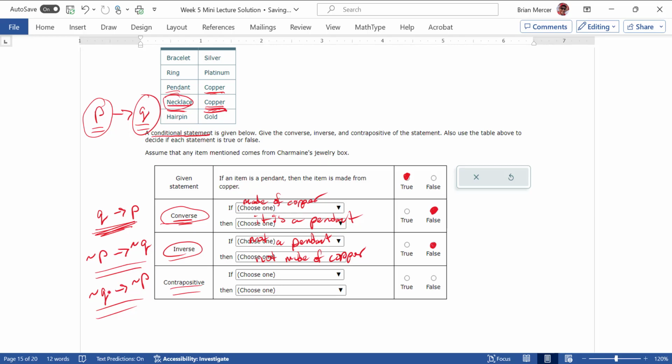The contrapositive in this instance is saying negate each of the statements and reverse the order. So the original statement was, if it's a pendant, then it's made from copper. So now we say, if it's not made of copper, then it is not a pendant.